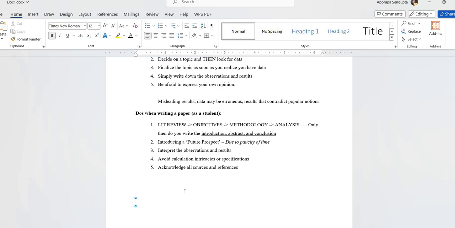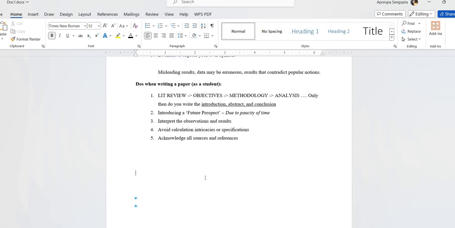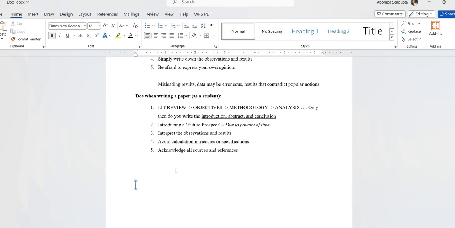And if you're taking extensive data from a particular website, acknowledge that data source as well. I have always taken data from Databank World Bank, so my bibliography always has Databank World Bank written in it, because that is also a place where I take my data from.